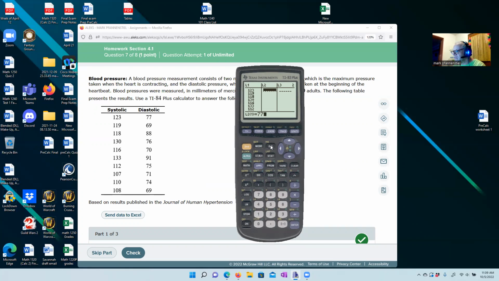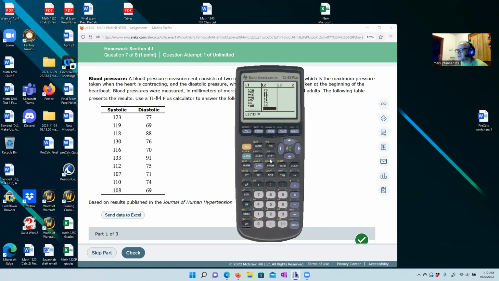If I do that, we'll just delete. Okay. 69, 88, 76, 70, 91, 75, 71, 74, and 69. Just making sure I have both of them there at the same time. Okay. So that was kind of therapeutic for me.